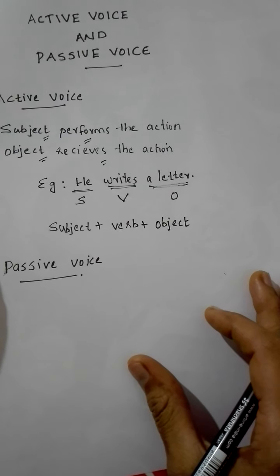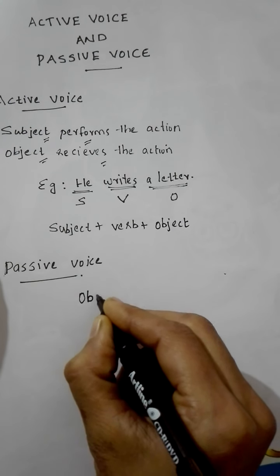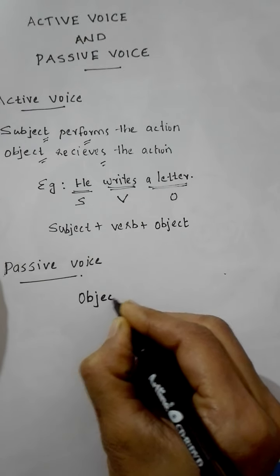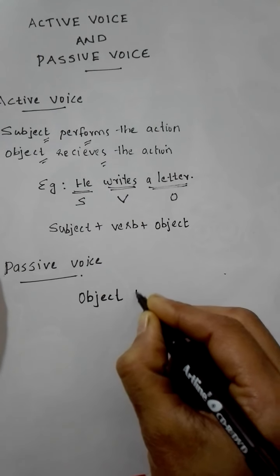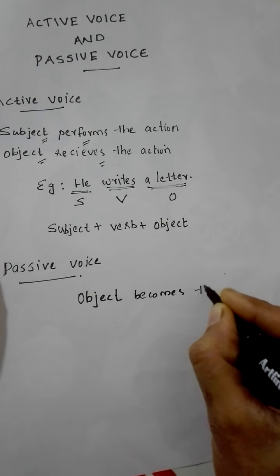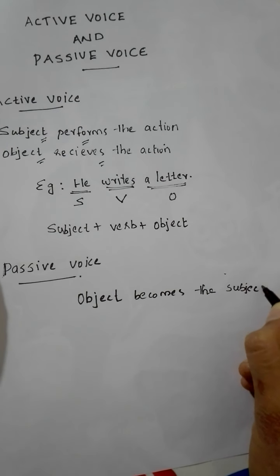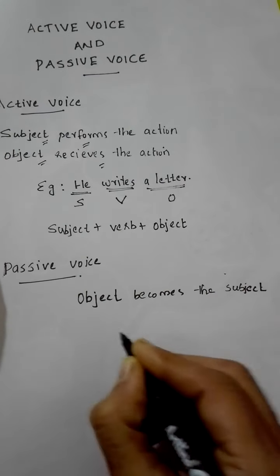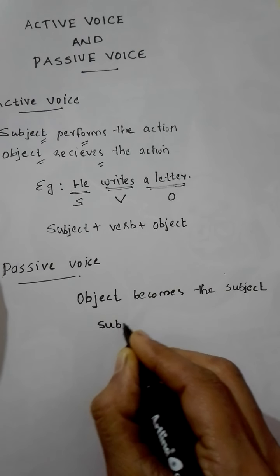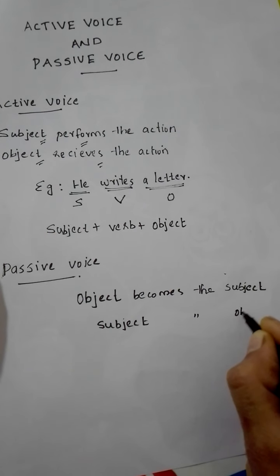Clear? See, in this passive voice, we are giving more importance to the object. Object becomes the subject, and the subject becomes the object.